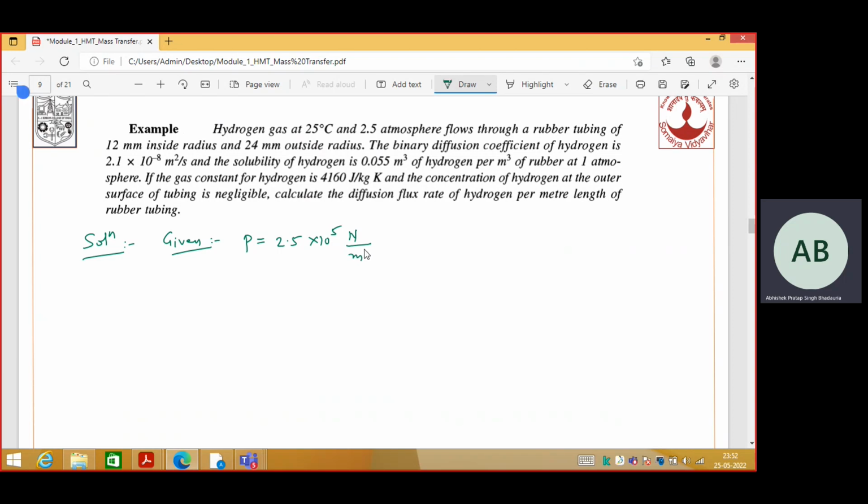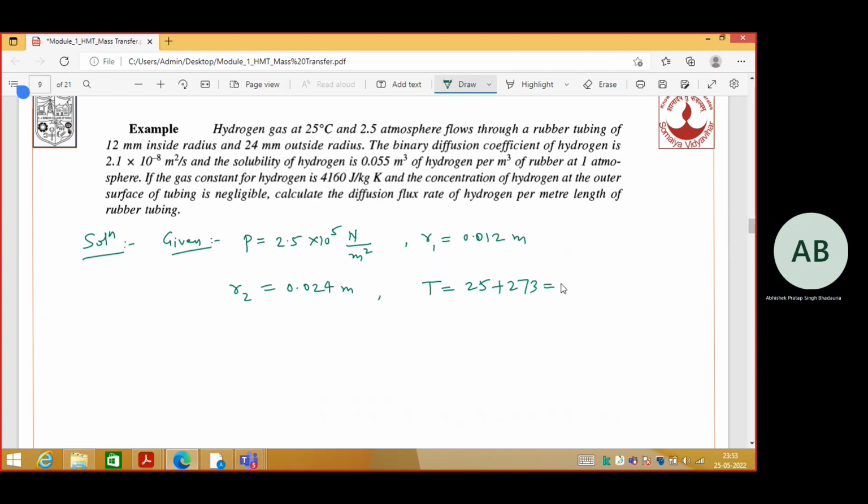The inside radius R1 is 12 mm, so it is 0.012 meters. The outer radius is 24 mm, so 0.024 meters. The temperature is given as 25, so we have to convert this into Kelvin: 25 plus 273, so it is 298 Kelvin.